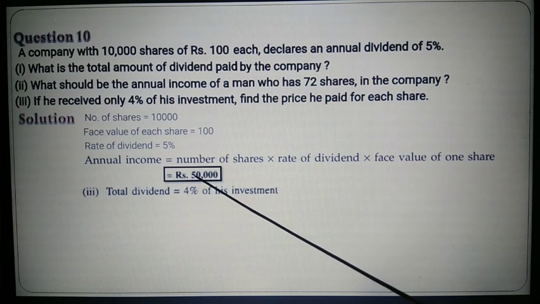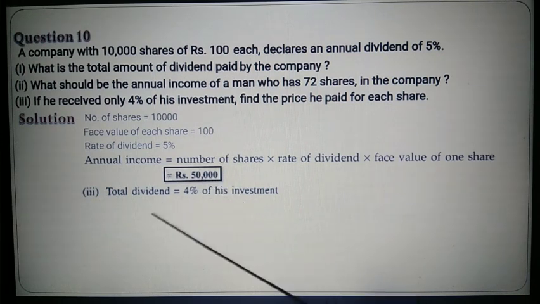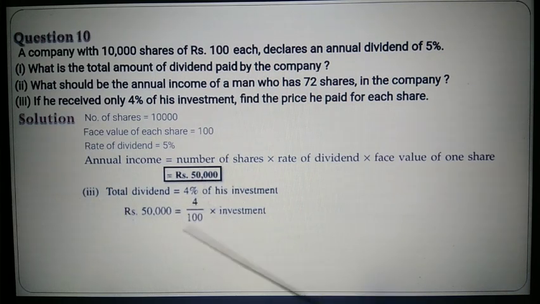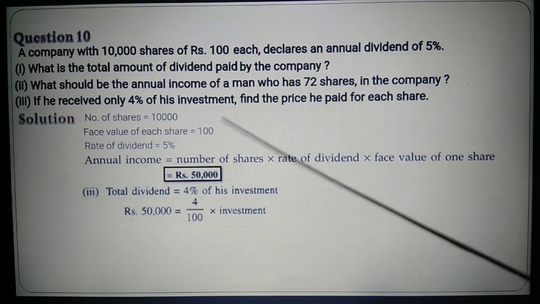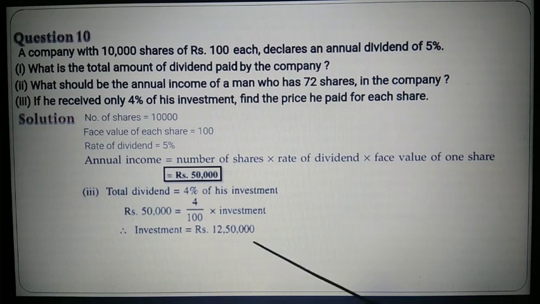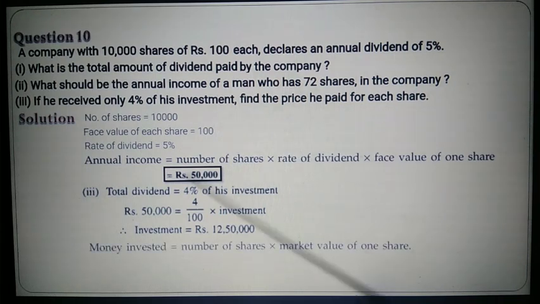Total dividend or annual income is rupees 50,000, and that is 4% of his investment. We don't know the investment, so from here we'll calculate the investment, which turns out to be this much.